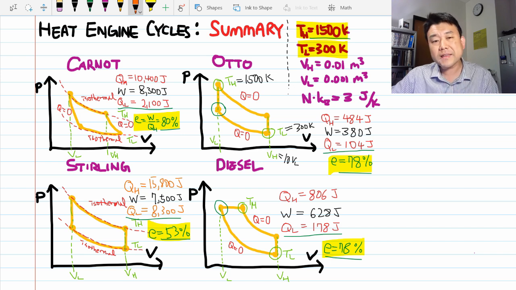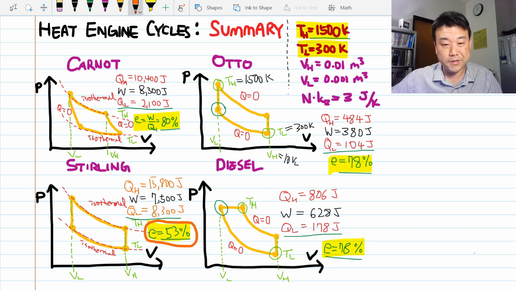You can kind of figure out why that's the case by looking at the Stirling cycle, where the efficiency is much lower. But Stirling cycle is so much similar to Carnot cycle. In fact, even the amount of work done is very similar. They're both quite large. But the reason Stirling cycle is so much less efficient is because there's more heat input.